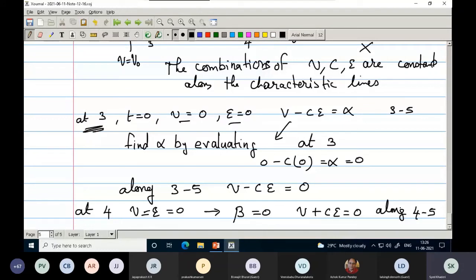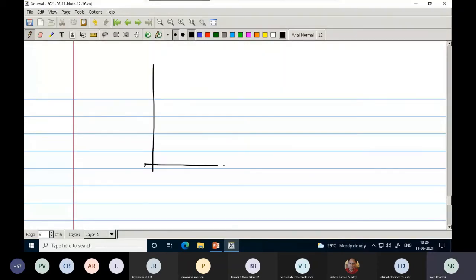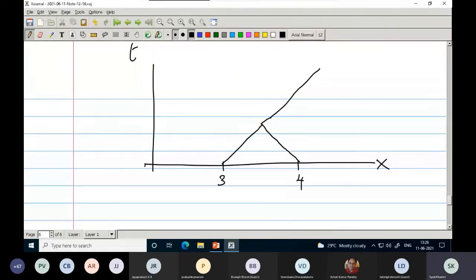Now this is a situation where I have a space-time domain. This is point number 3, this is point number 4, and this fellow is point number 5. Along this line, I have V minus C epsilon is 0, and along this line, I have V plus C epsilon is 0.